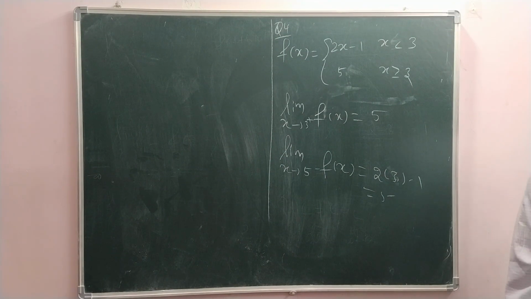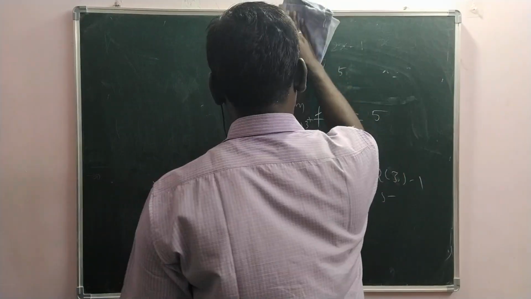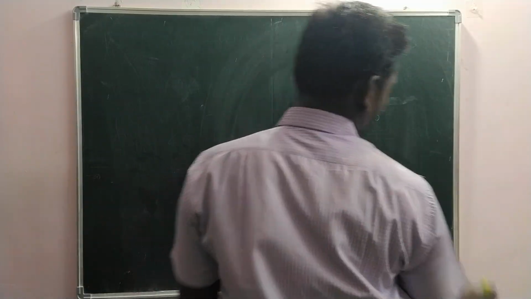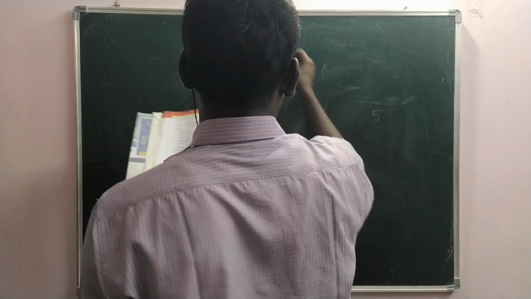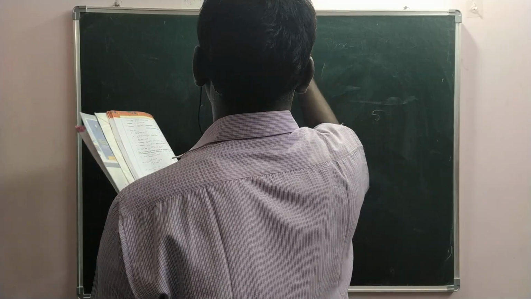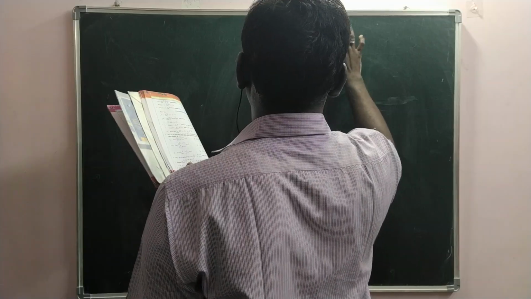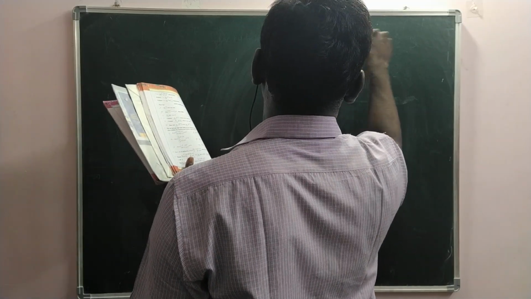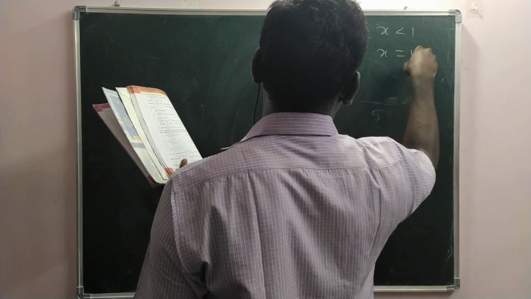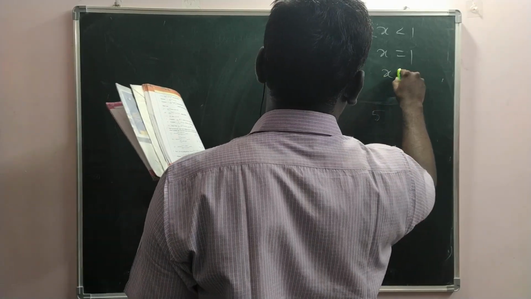And then the fifth one. See, the fifth one is about f of x equal to a plus bx if x is less than 1, and it is 4 if x is equal to 1, and b minus ax if x is greater than 1.